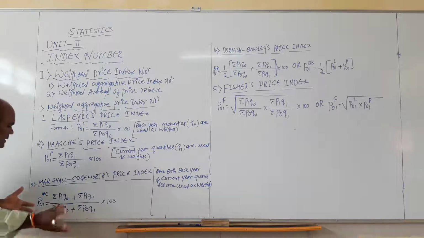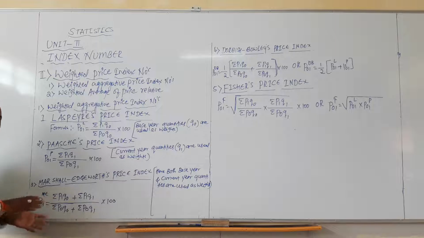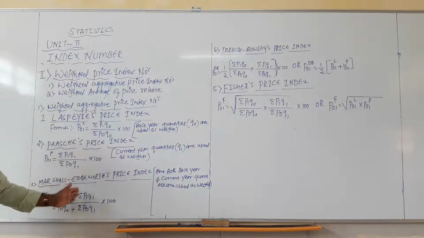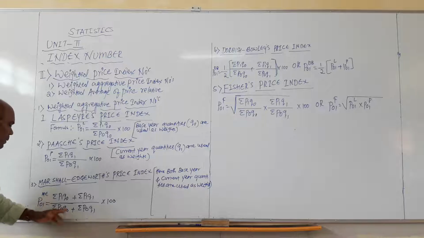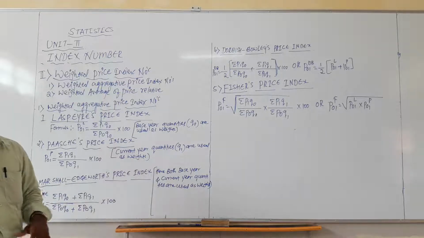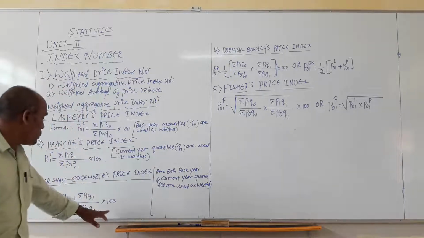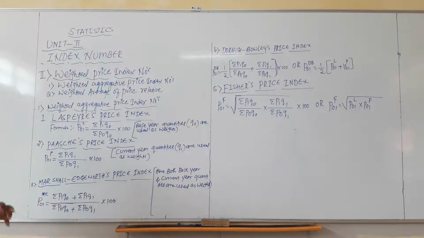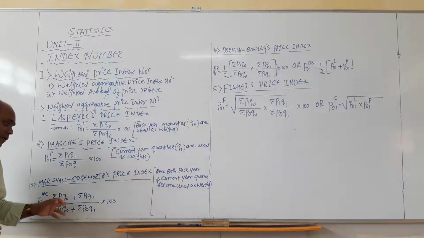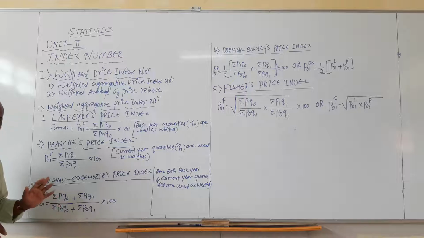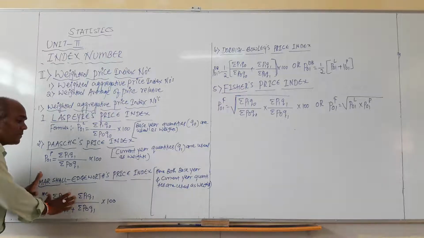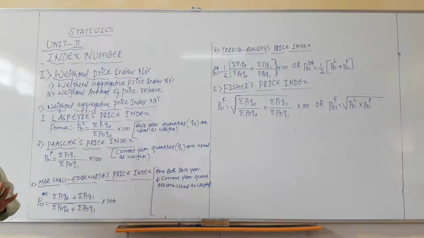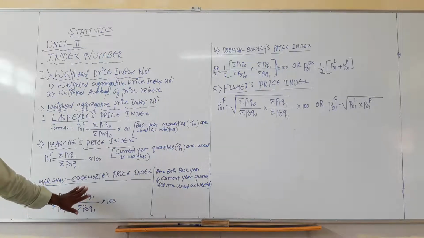You can consider it as summation of P1 Q0 plus summation of P1 Q1 divided by summation of P0 Q0 plus summation of P0 Q1 into 100. Please note down, there is no shortcut formula for calculation of Marshall-Edgeworth.